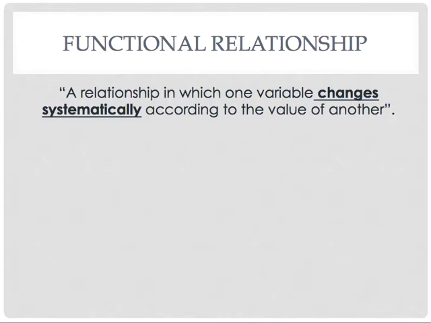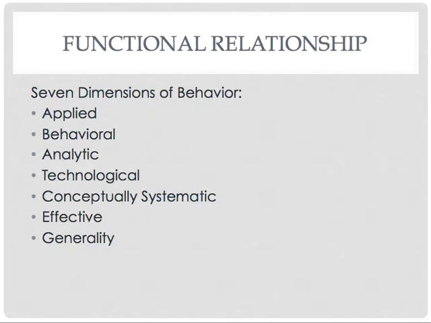Now, to really understand the importance of the functional relationship, let's look at our 7 dimensions of behavior. As you know, they are applied, behavioral, analytic, technological, conceptually systematic, effective, and generality. I'm going to focus specifically on analytic.